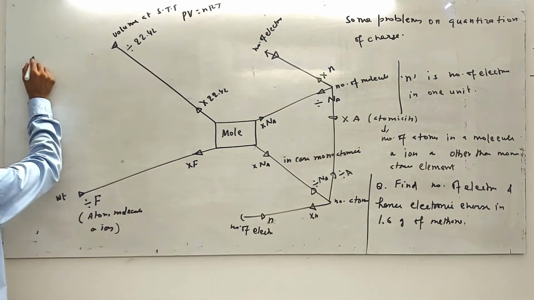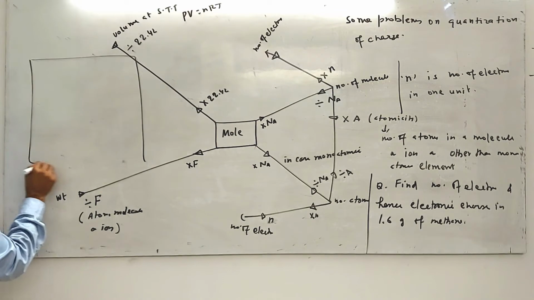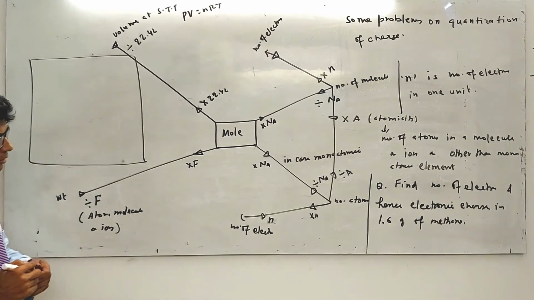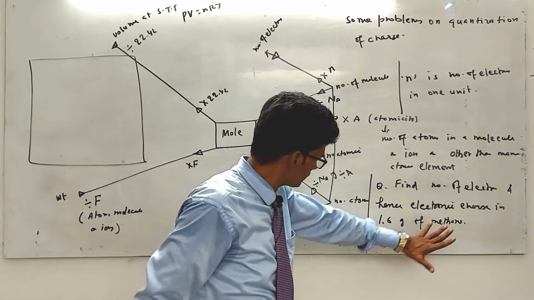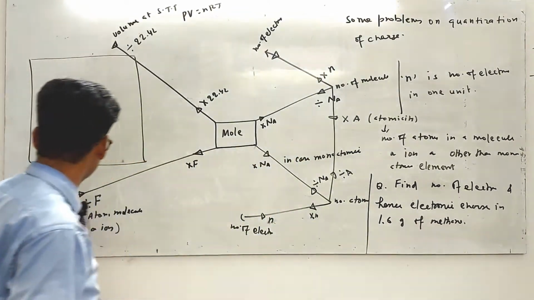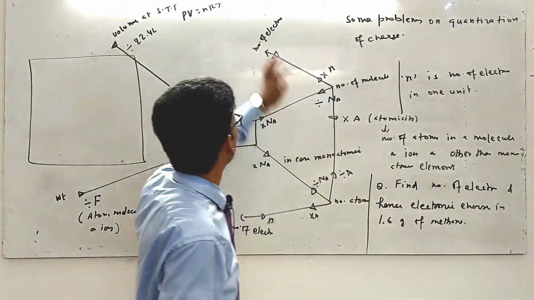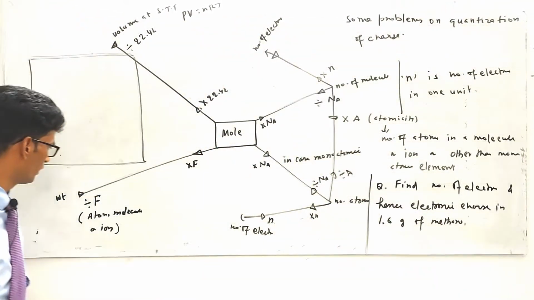This time I am going to solve it here without erasing the chart, because I want to show you. Look here: where we stand is weight, and where we have to go is the number of electrons. So what is the path?